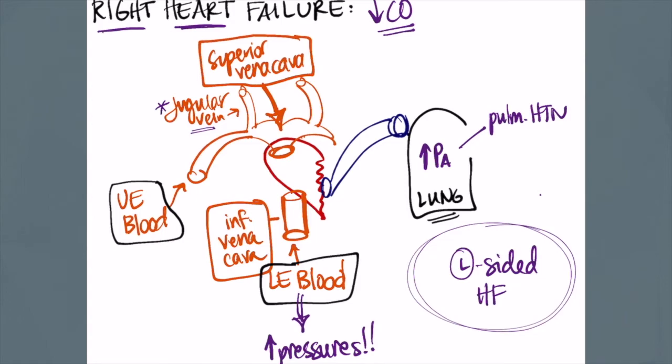So really enlarged jugular veins is a big clinical sign of right-sided heart failure. It's almost like a little barometer coming straight off the top of the heart. And as pressures rise, they begin to bulge. But you can see all the blood backing up through the inferior vena cava, going from the lower extremities and all the GI system, that can increase those pressures.